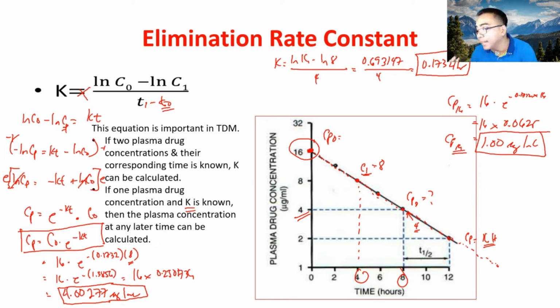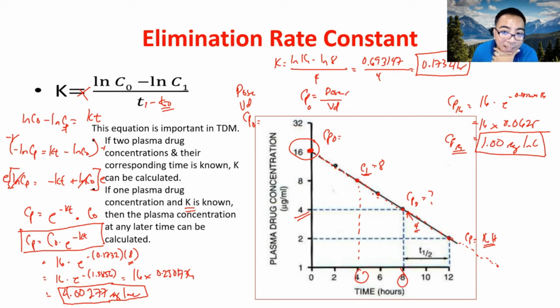Now, another technique we can use here is, as long as I'm given the dose and I'm given the VD, I can compute for my CP sub 0, provided that my drug is given intravenously. Remember the equation I told you never to forget, which is CP equals dose over VD. Because what we compute as CP there is the concentration at 0 time.